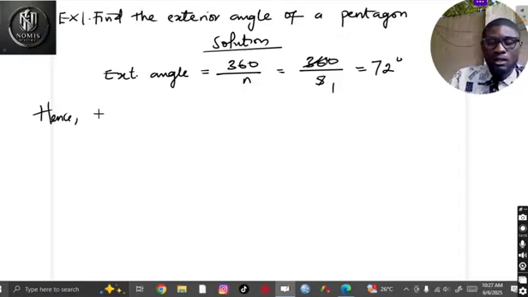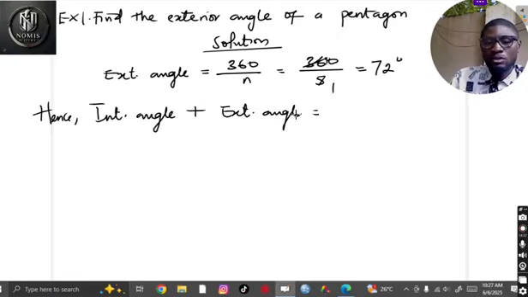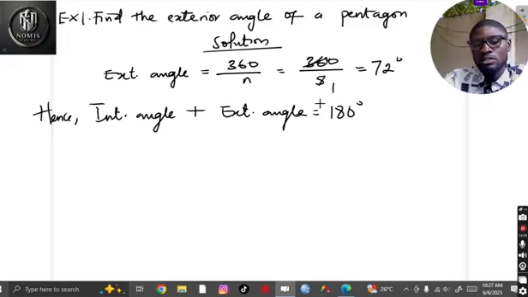Hence we say that interior angle plus exterior angle is equal to 180 degrees. So the interior angle plus the exterior angle of a regular polygon is equal to 180 degrees, and we can do any calculation around that.